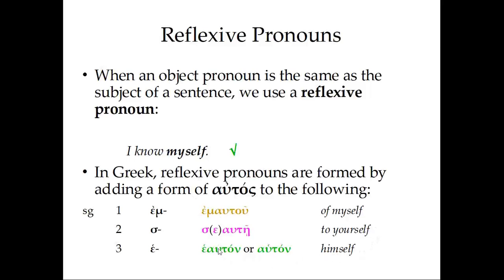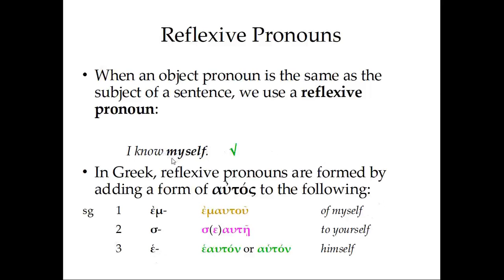These are just examples. Obviously, these are not full declensions. The important thing to see is that we have taken one of these prefixes, basically, and added a form of autos to them. If we want to say "of myself," or "to myself," or "with myself," we start with m. If you want to say "to yourself," "with yourself," "for yourself," we would start with that sigma. And then if you want to say "himself," "to himself," "for himself," etc., or "herself" or "itself," we would start with that he.